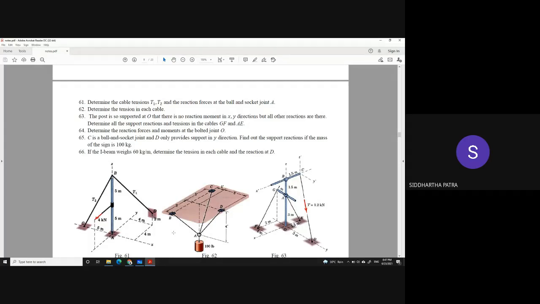So you'll have the resultant force and the resultant moment at A, considering all the reactions at A. So the resultant force also includes the reaction forces from A, right? All the forces.